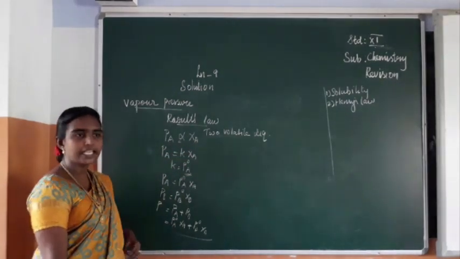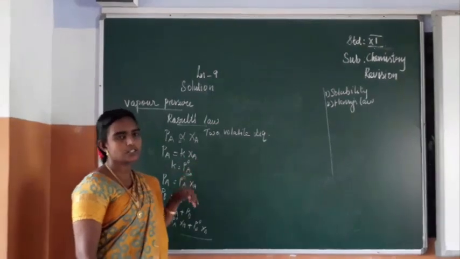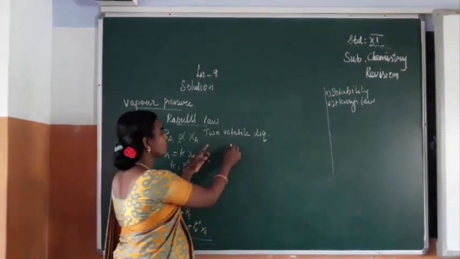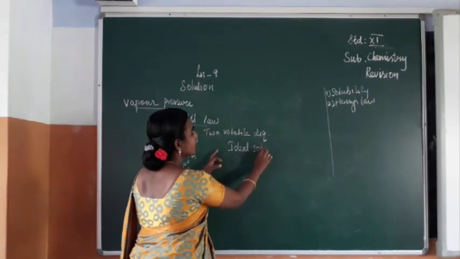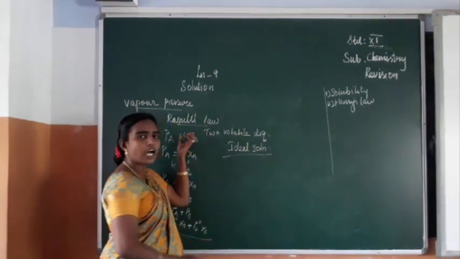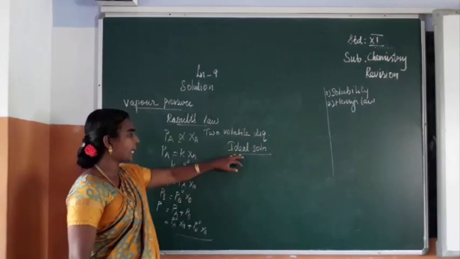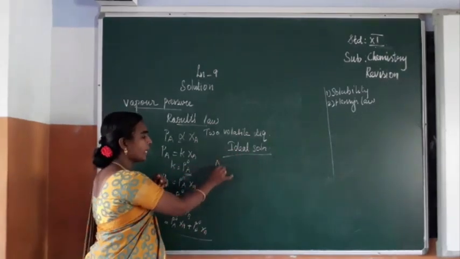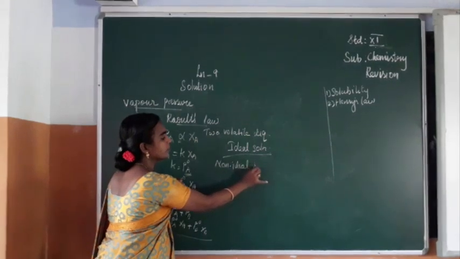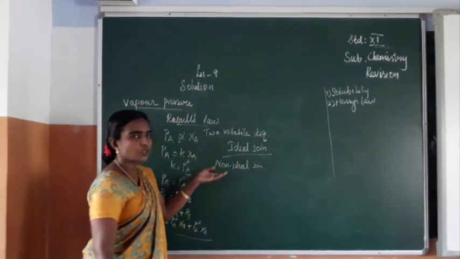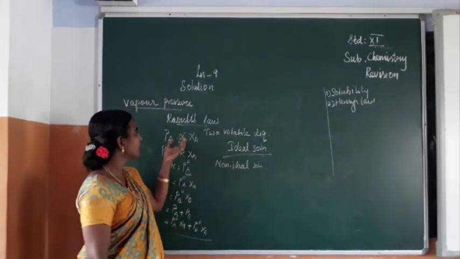So next is ideal solution and non-ideal solution. Ideal solution means the solution which obeys this law; they are called ideal solutions. Non-ideal solutions are the solutions which do not obey Raoult's law.